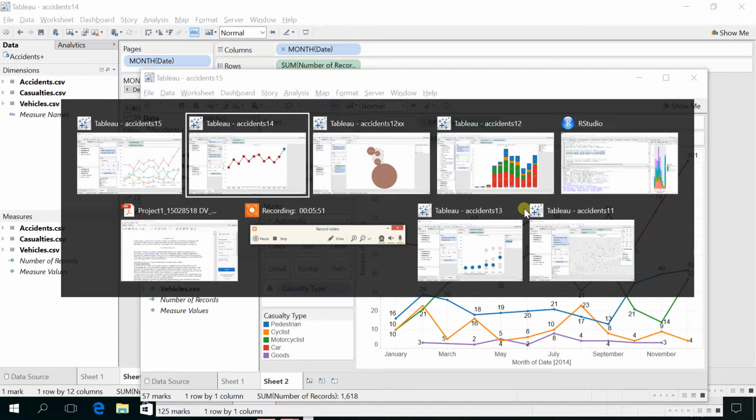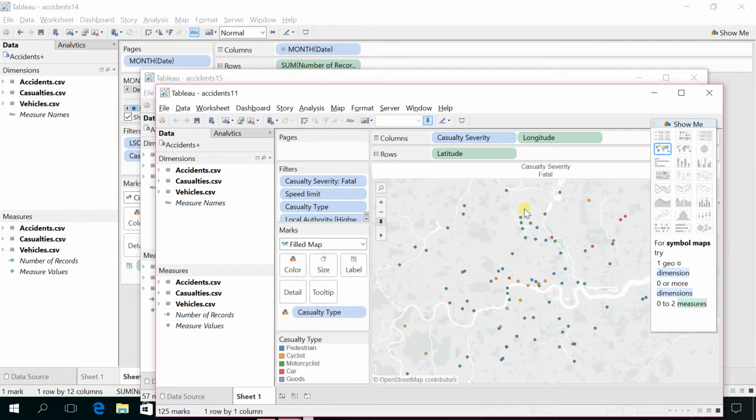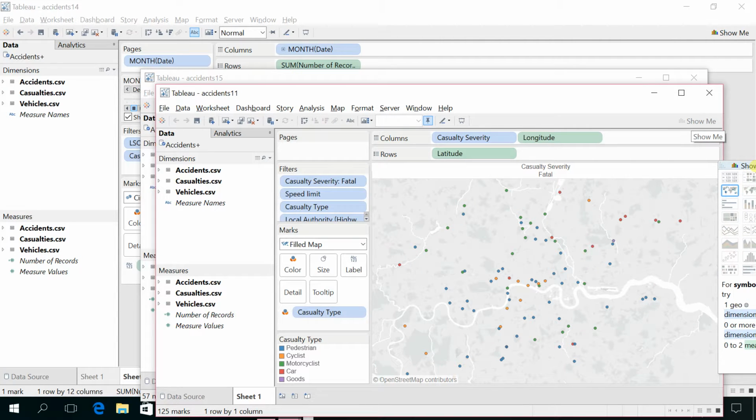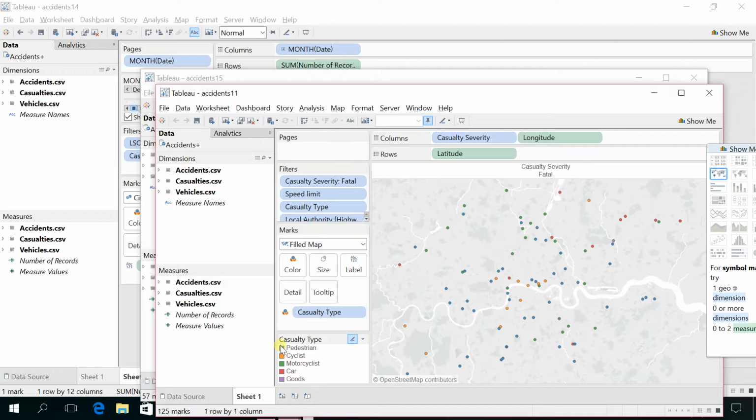Now, the other one that I just wanted to finish off with, I find very effective. Within the data we had geo data, longitude and latitude, and this is done for all. It effectively gives you hotspots.